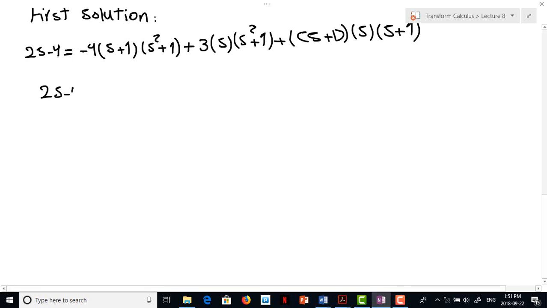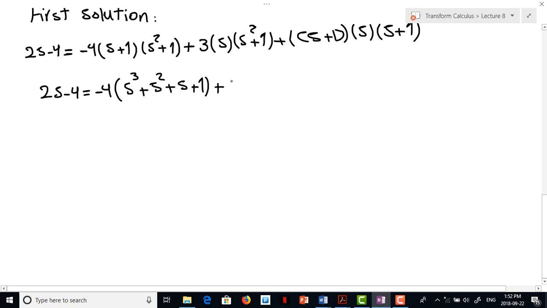I expand the right hand side of the equation. In the left side we have 2s minus 4. In the right side of the equation we have minus 4 times s squared is s cubed plus 1 times s squared is s squared plus s plus 1.